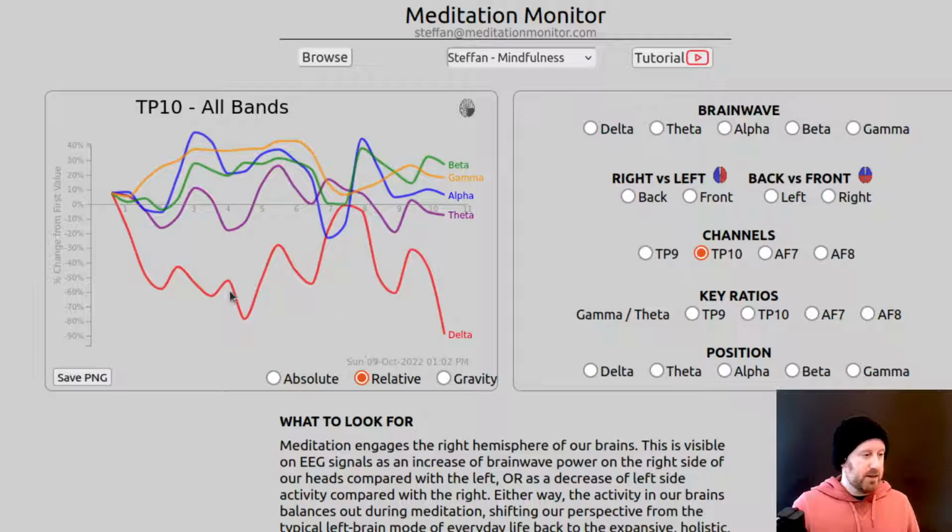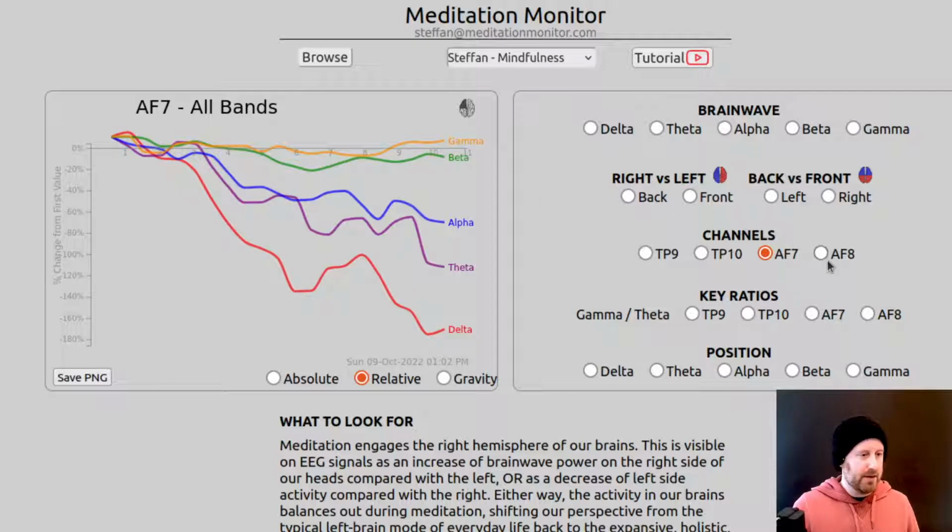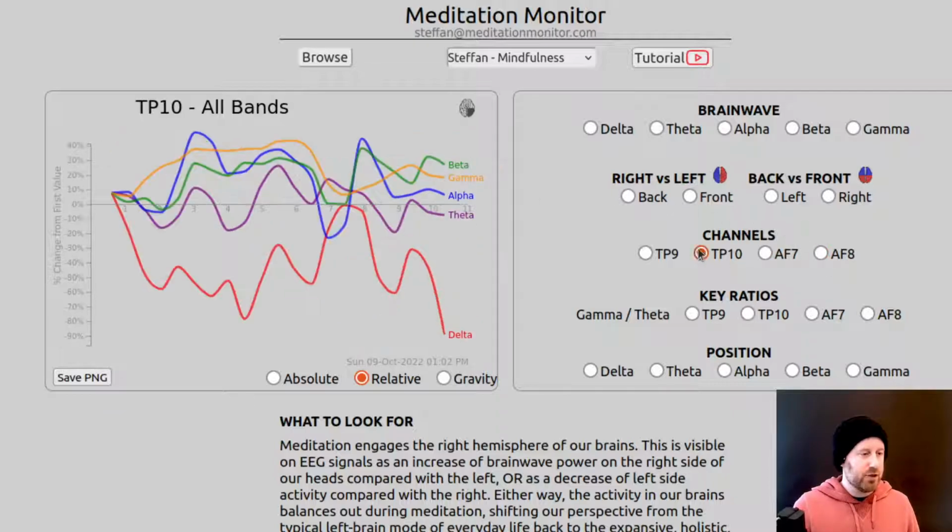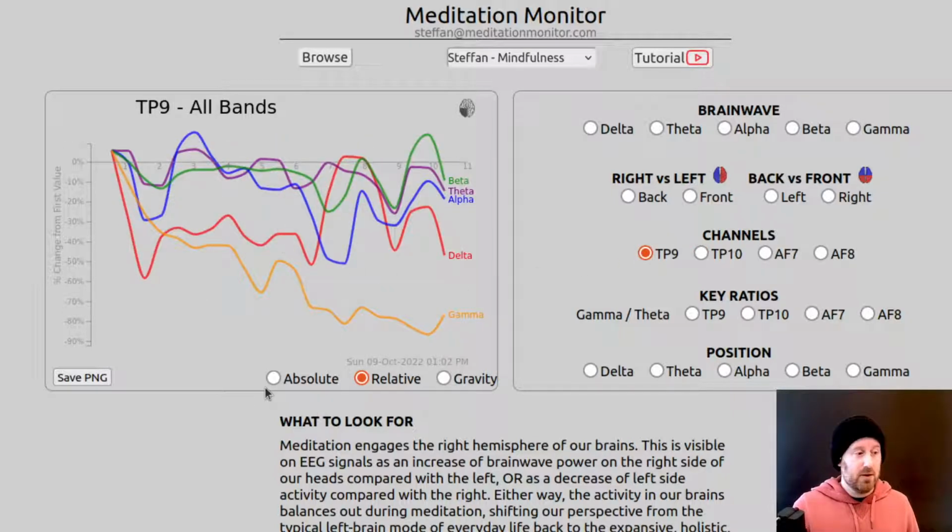You can see that all of these bands, even though there's a lot going on, they all start together. If we look at each channel, you notice they all begin together. That's because this relative chart is showing percent change from the original value, the value that it started out as. So let's take one band on one channel as an example.